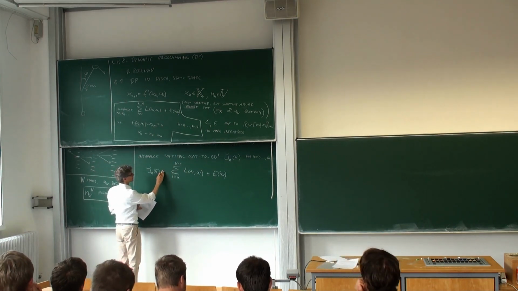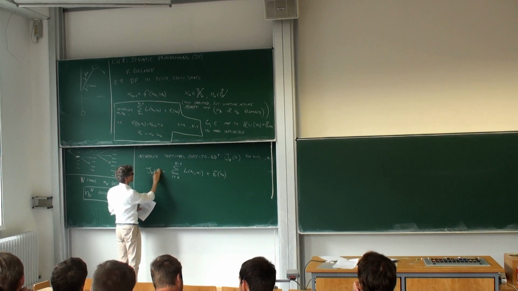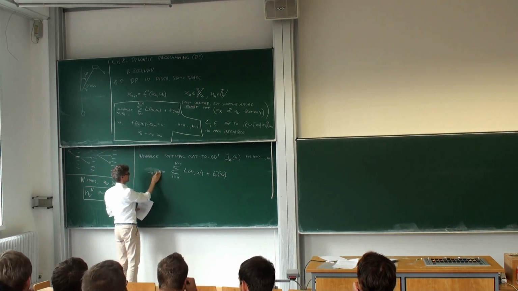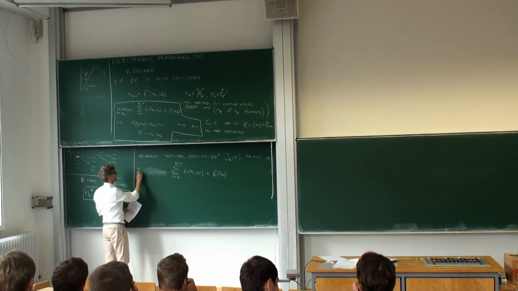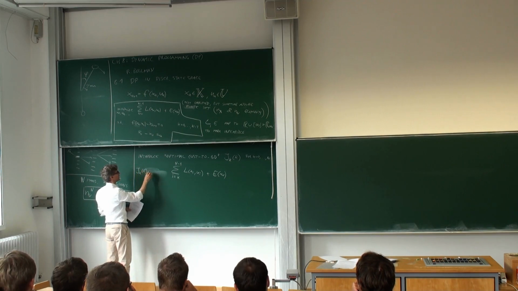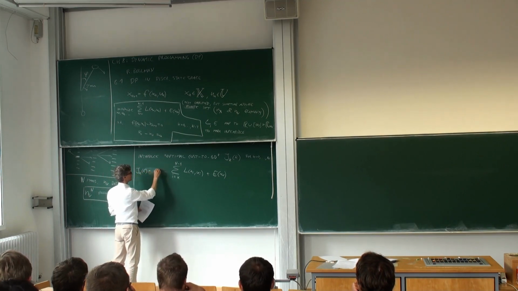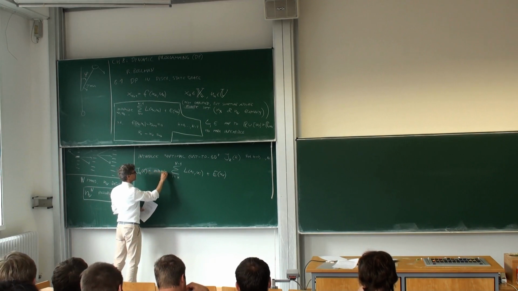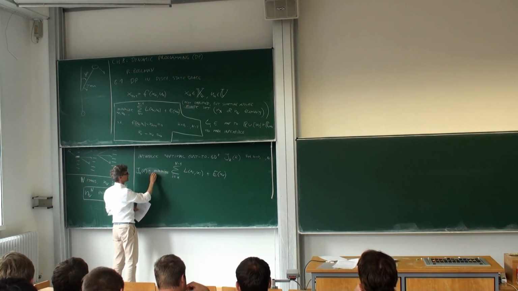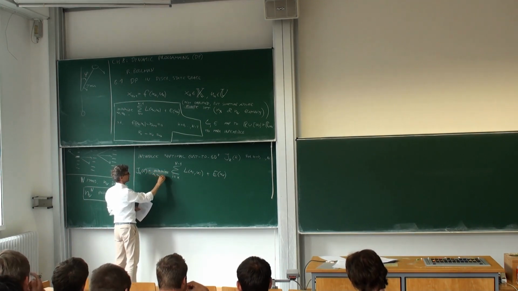So, sorry, this is not the complete statement. I need to create extra space. So Jk of x bar is defined to be the minimizer of this problem, which of course starts at xk, uk, and so on.